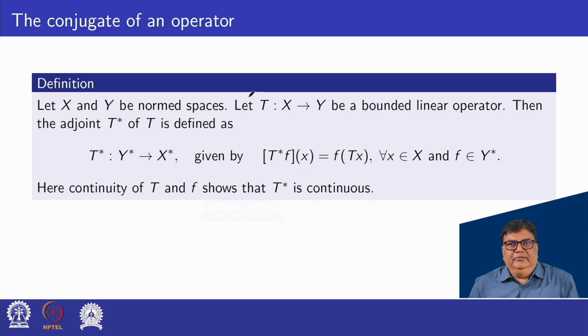Here the mapping T: X to Y. For all x belonging to X, Tx is an element of Y. If f is a bounded linear functional, f belonging to Y star, the adjoint of Y, then T star: Y star to X star.